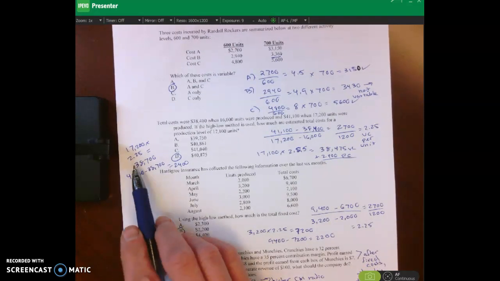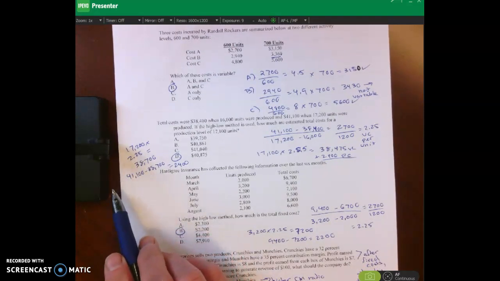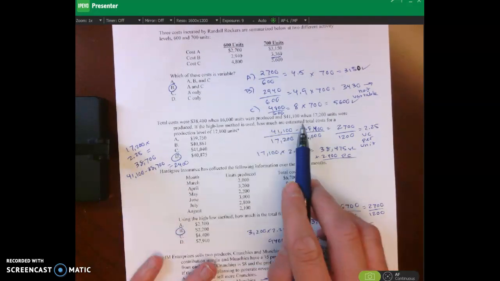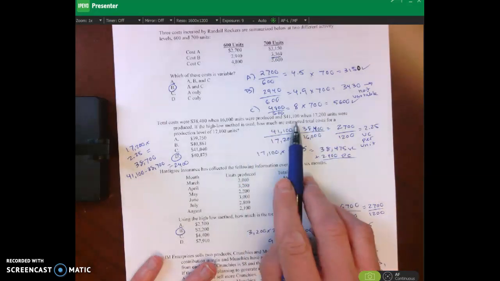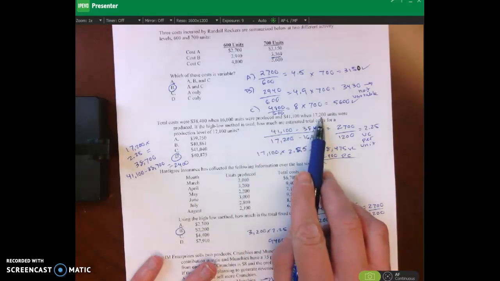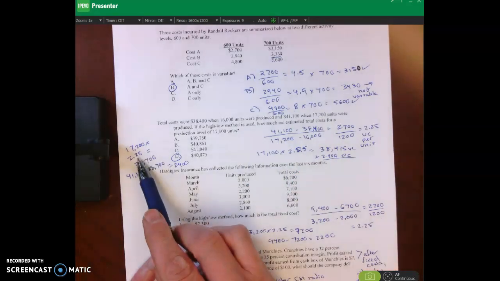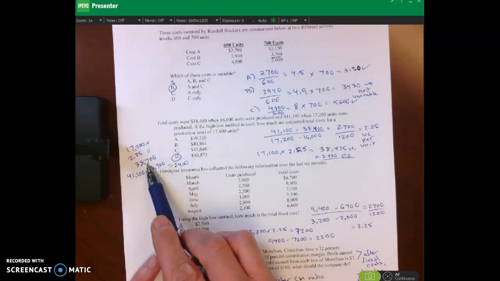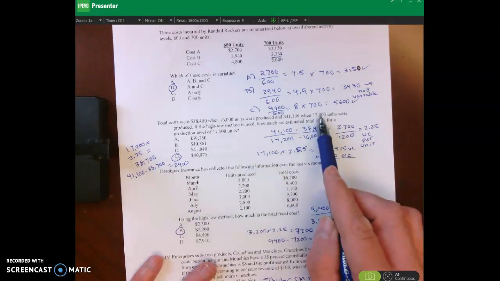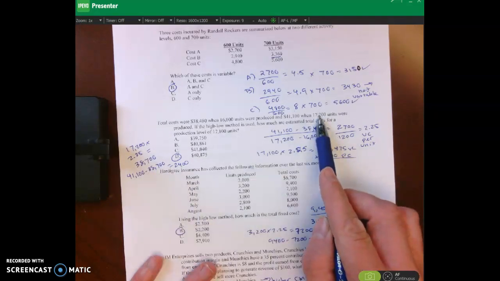Then I can come over here and take my high level of activity, 17,200, times my $2.25 gives me 38.7. That is my total variable costs at 17,200 units.